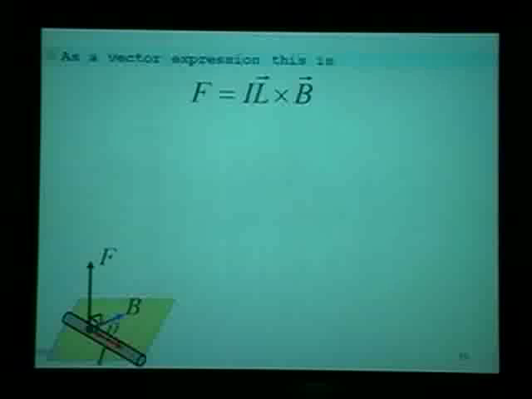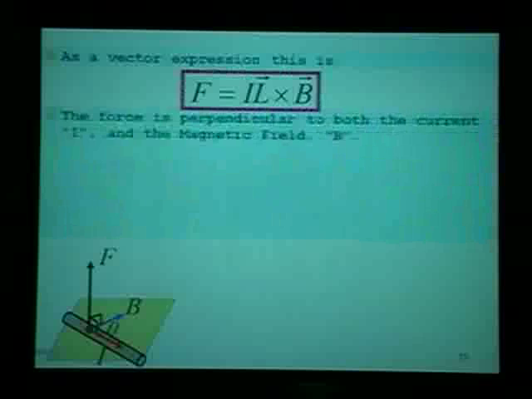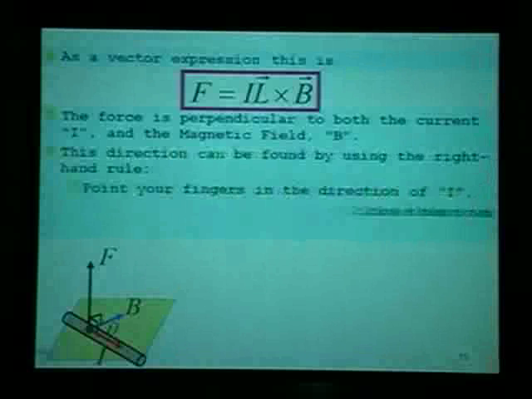In general, this actually should be written as a cross product as well. Force is equal to I L cross B. And the right-hand rule would apply.